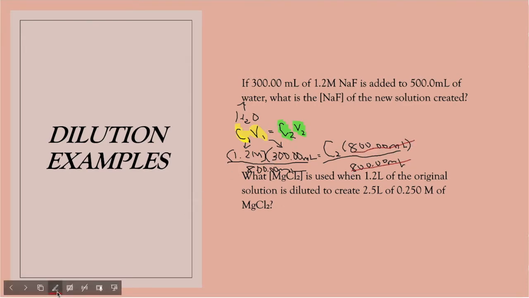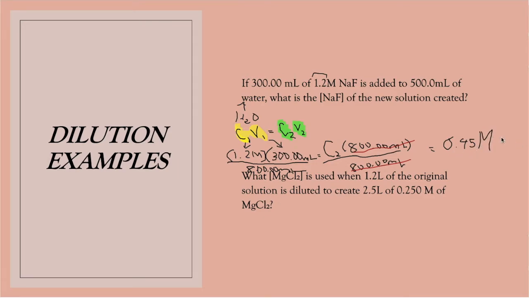So basically what we do is 1.2 times 300 milliliters, which gives us 360, and then we divide that 360 by 800, which gives us a total of 0.25, since the smallest number here has 2 sig figs.